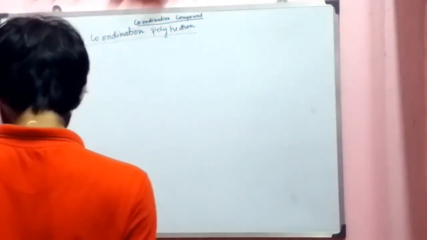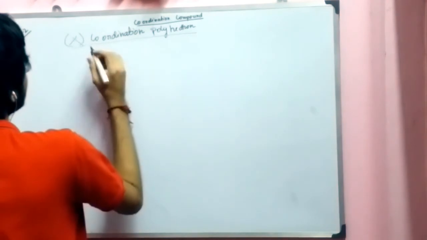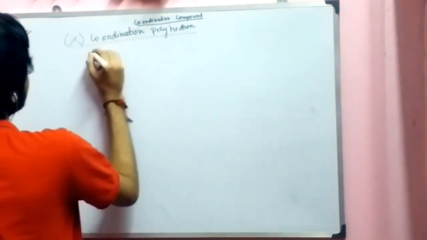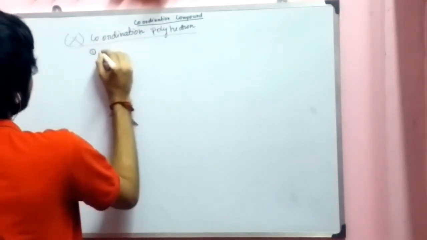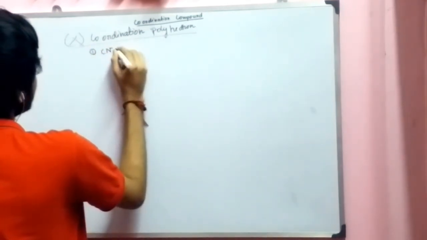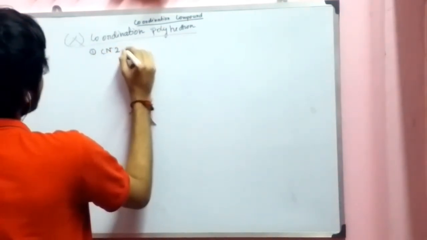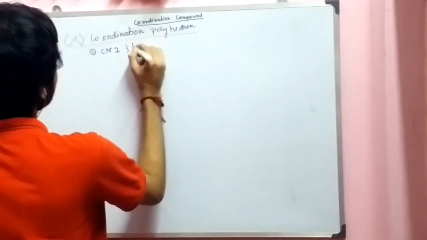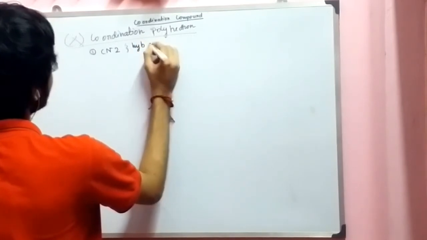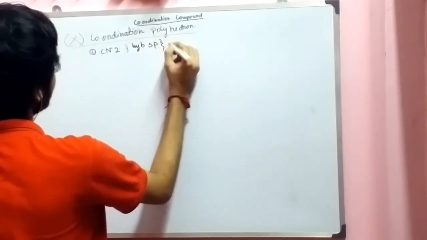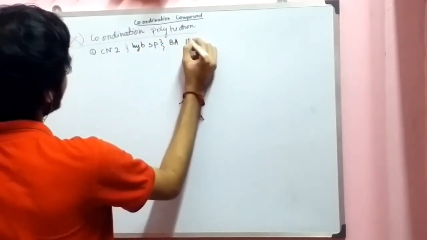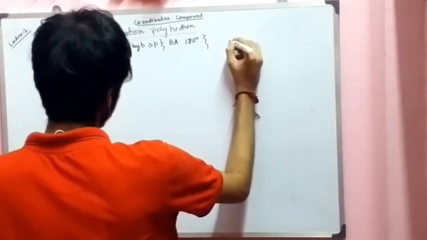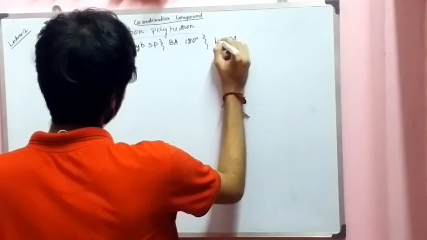In the first case the coordination number is 2. If the coordination number is 2, then the hybridization here will be sp and the bond angle will be 180 degree and the structure will look like this: metal, ligand.